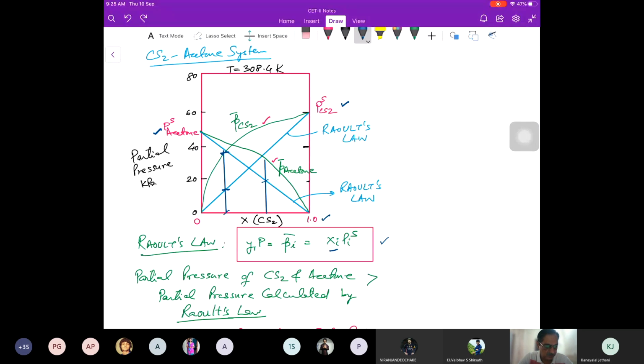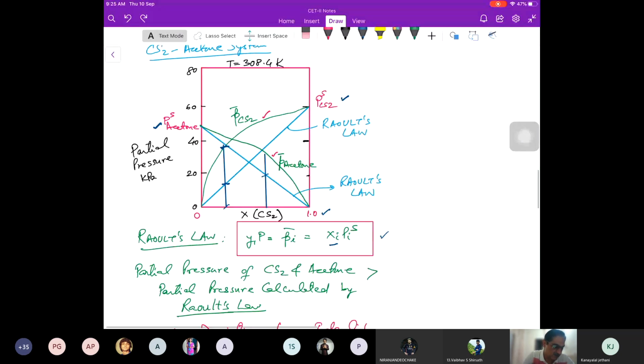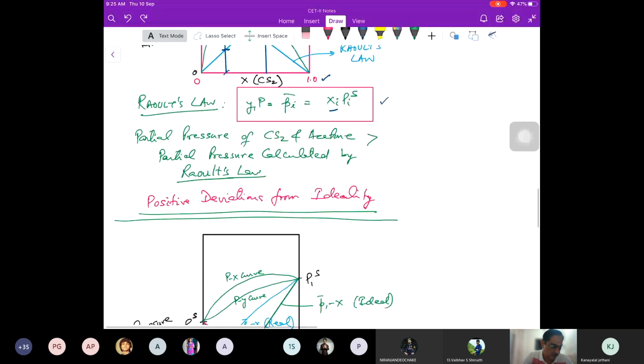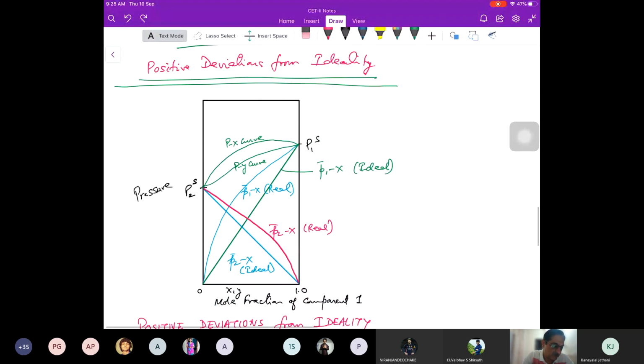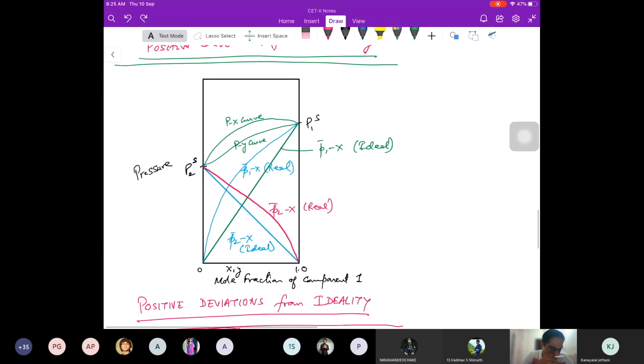Is this understood? Yes. Okay. So if it is understood, then let us go to the next part, which is negative deviations from ideality. Okay, positive deviations from ideality में ठीक है, थोड़ा एक part और है.